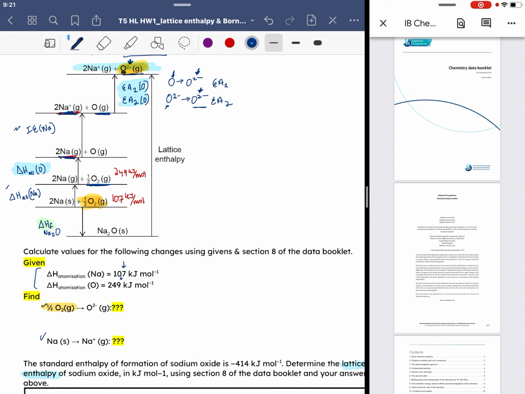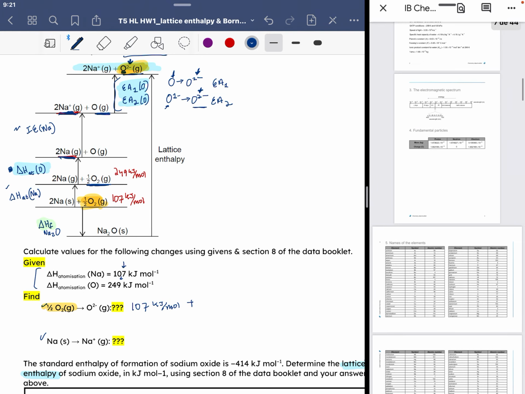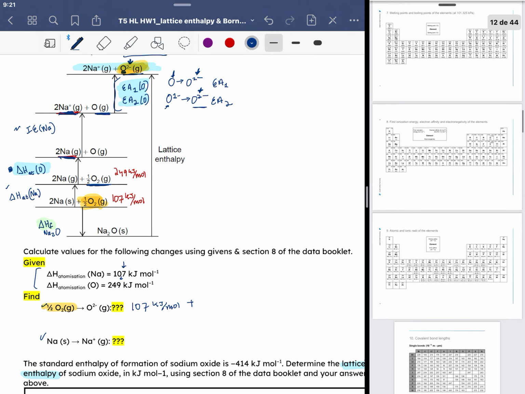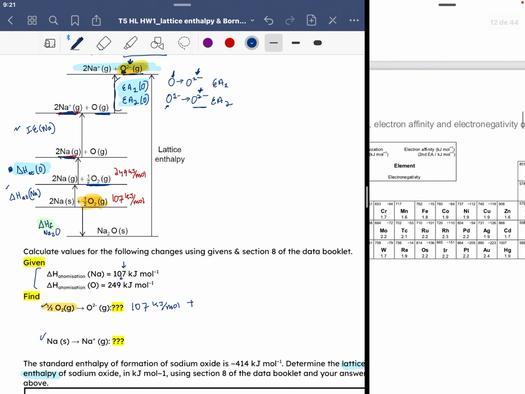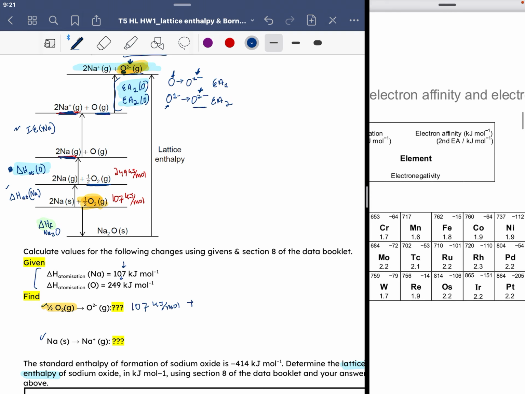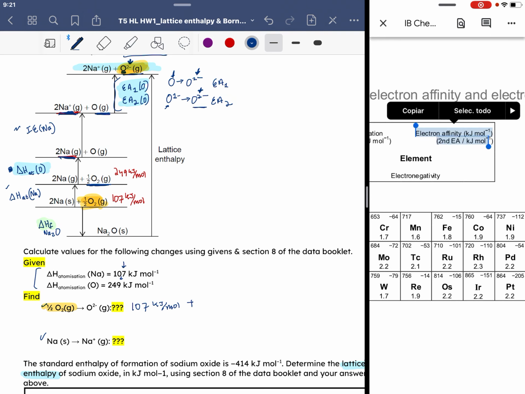So this is going to be the delta H of atomization of oxygen, which is just 107 kilojoules per mole, plus, where do I find these two electron affinities? You'll notice I already had my data booklet open. Not an accident. Electron affinities, I actually can't write on this, but notice you have first and second electron affinities, which is awesome.